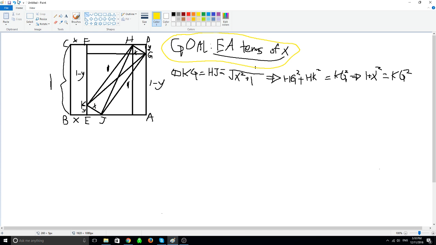So now we're going to mark up the triangles we're going to need. We're going to need this one, I'm going to mark that in yellow. And then we're going to use this triangle right here, and mark that in yellow.